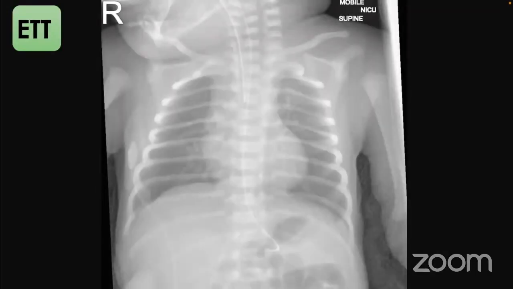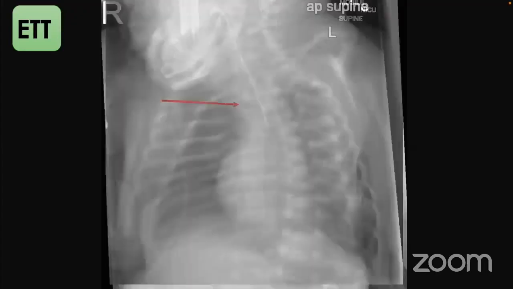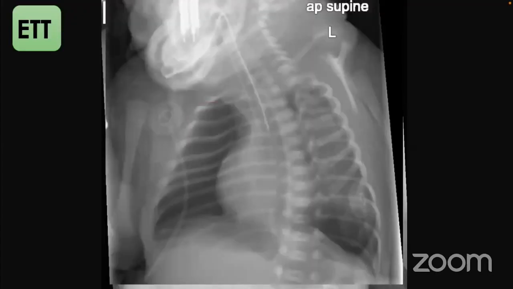Here as well, the endotracheal tube is seen at a low position. It's about the level of the carina. Here, the next one as well, it's in a low position.